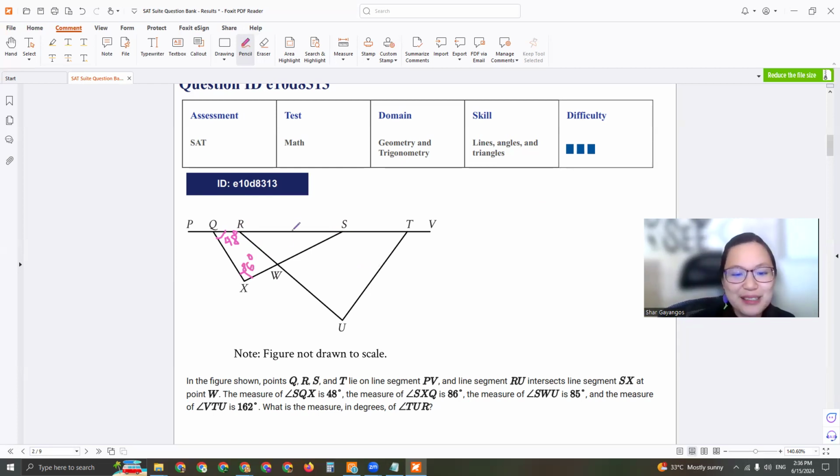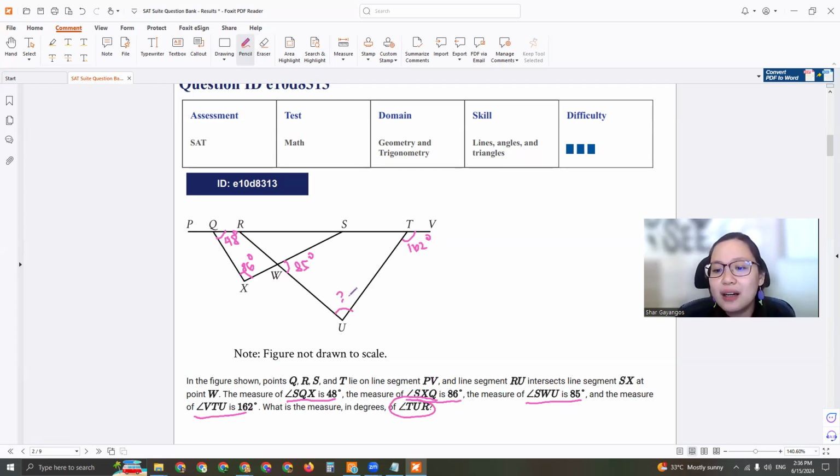Okay, so SWU, I have 85 degrees here. What else? VTU is 160. Do we have everything that's given, right? So we have four angles already. And then the goal is to find TUR.